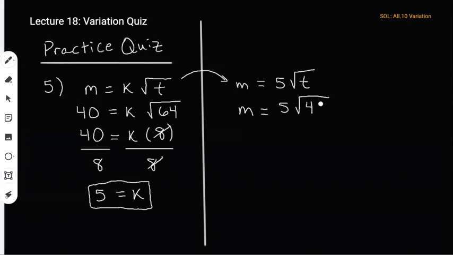So if I let t be 49, I get the square root of 49 is 7. And then 5 times 7 is going to give me 35. And that's my answer.